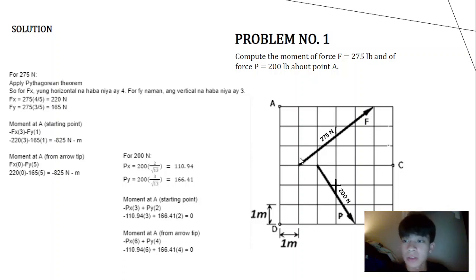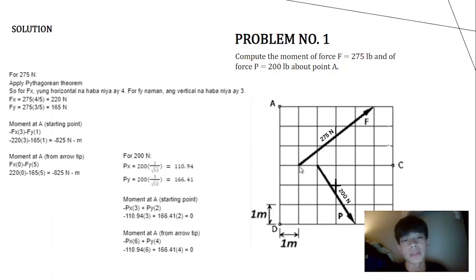Ito yung Fy, ito yung Fx. So, Fx, mas malapit kasi siya pag dito dumaan kesa dito masyado malayo, kaya mangyayari negative siya. Tapos ang distance niya na Fx ay 3, tama.